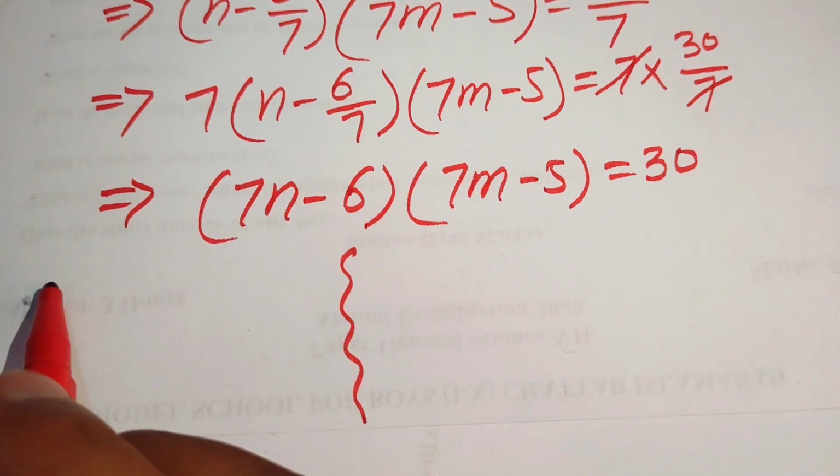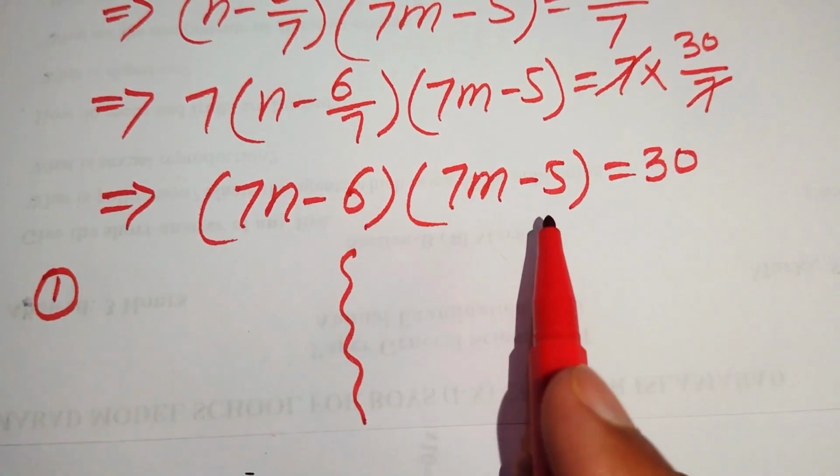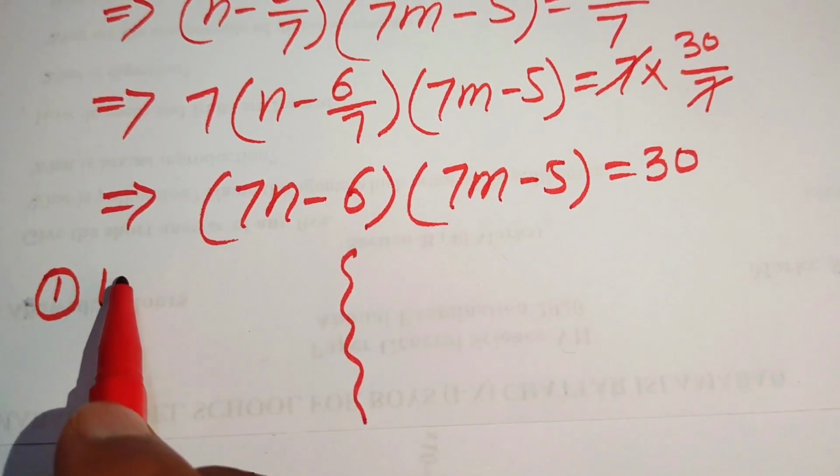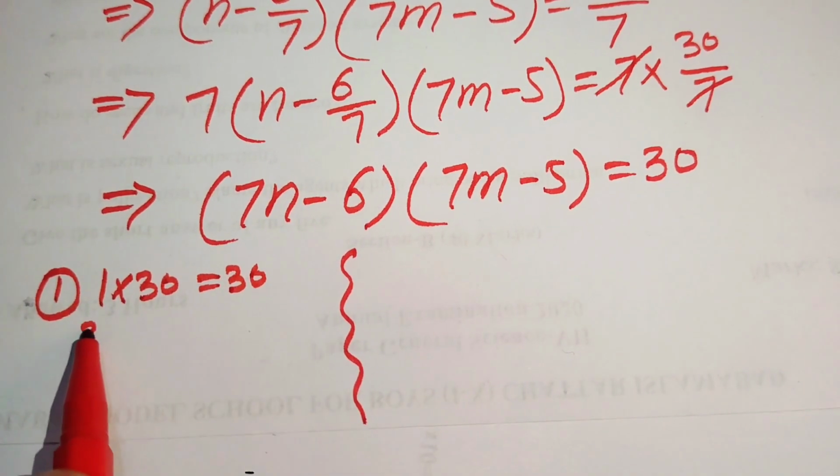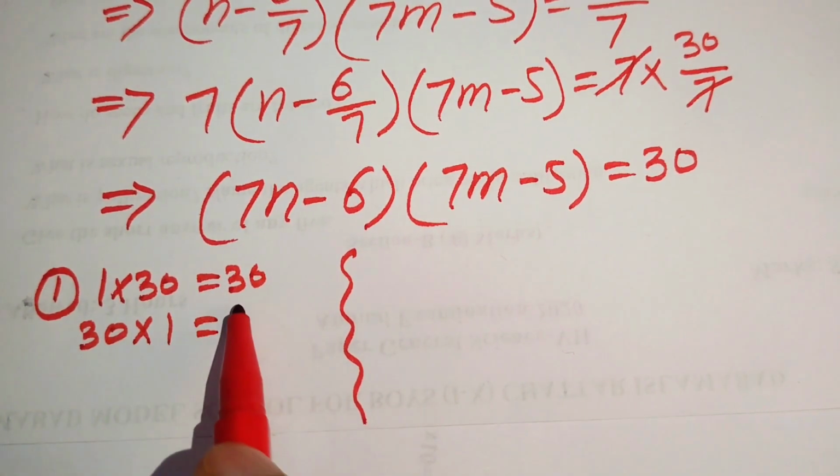Case number 1 is when you multiply 1 by 30, then you get 30, and when you multiply 30 by 1, then you again get 30.